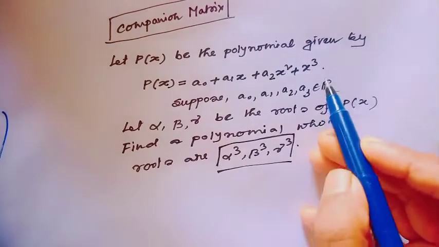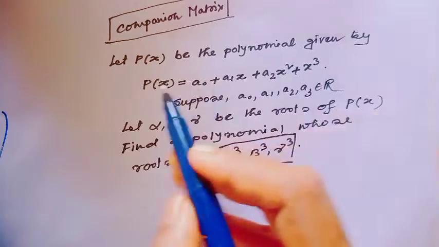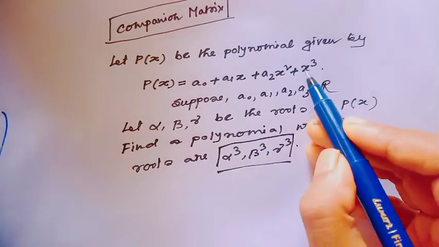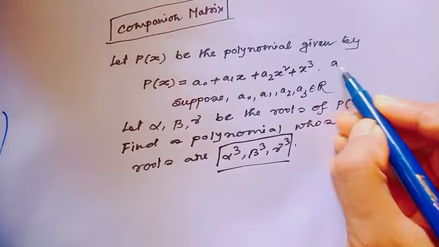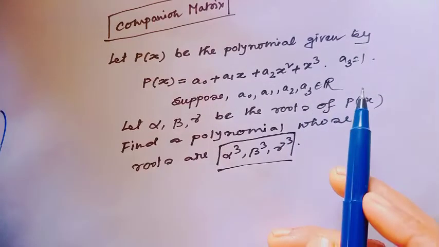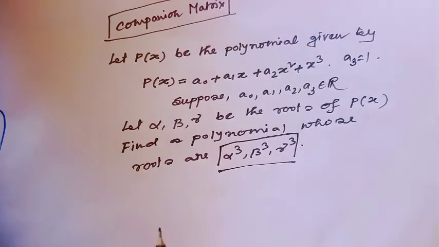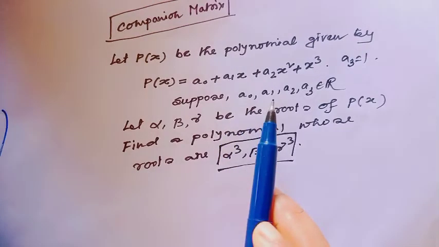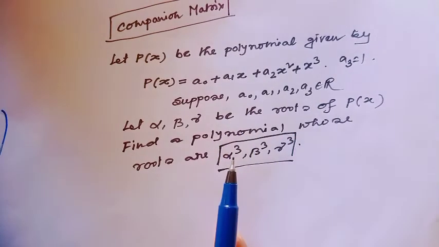Since in this polynomial the highest degree is 3 and the coefficient of the highest degree, a3, is equal to 1, that means this polynomial is a monic polynomial, and the companion matrix is always applicable to a monic polynomial.